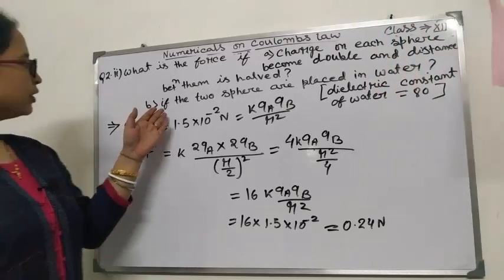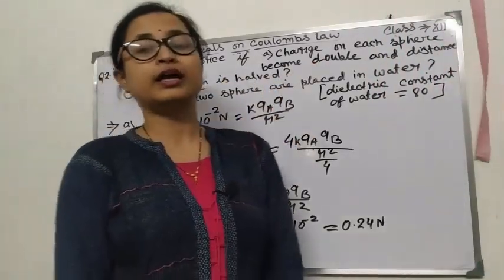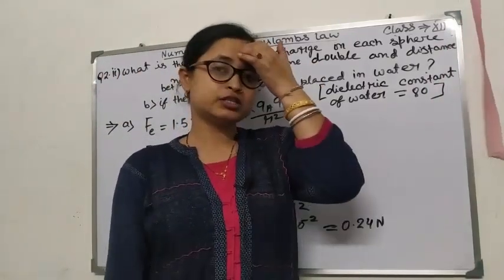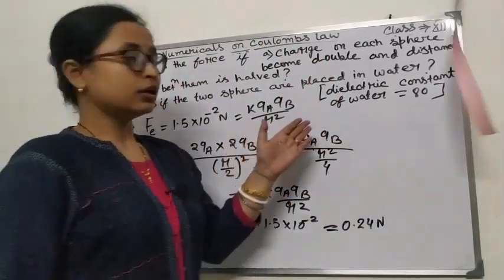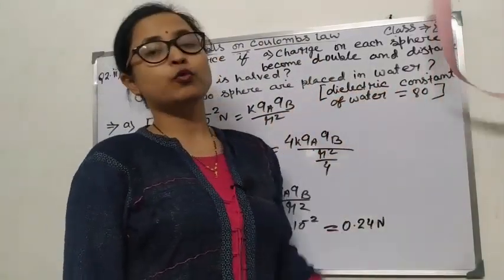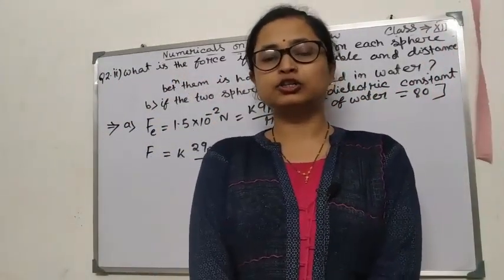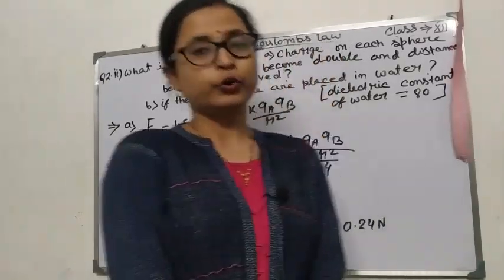Now the next part is, if these two spheres are placed in water. I already gave one example of this numerical in my previous class also. Let us do it again. Here the dielectric constant of water is given. If you have forgotten the formula for dielectric constant, I suggest you please go through my previous video. So let us solve.